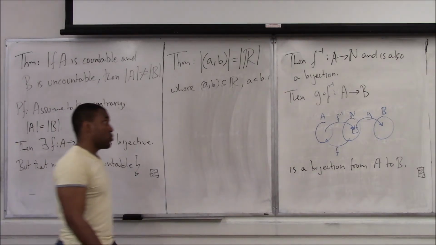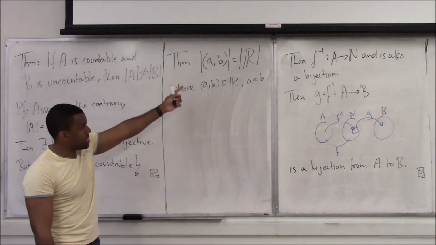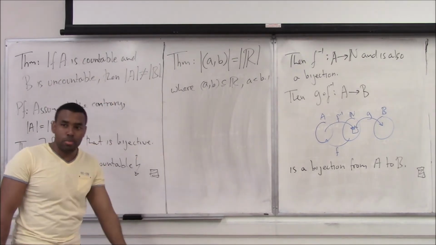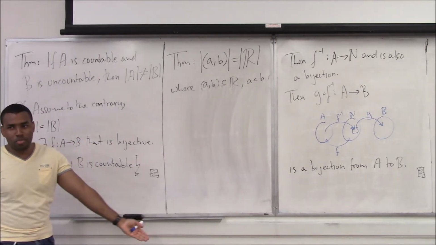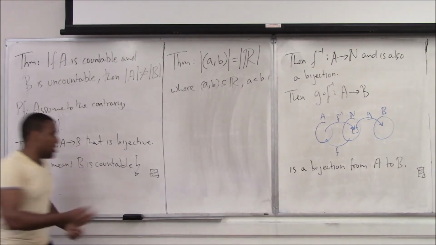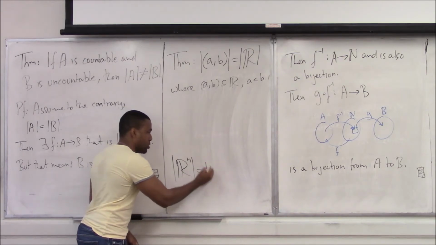And of course it gets even weirder. The amount of numbers in that is the same as the amount of numbers in the entire real line, which is the same as the amount of numbers in the entire 2D plane, which is the same as the number of points in the entire 3D space. Like all sizes Rn are the same size. Rn is all equal to R.